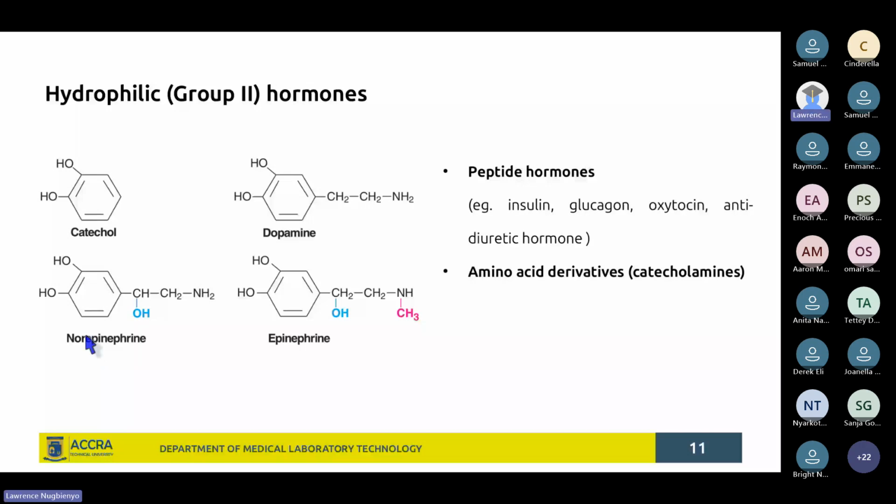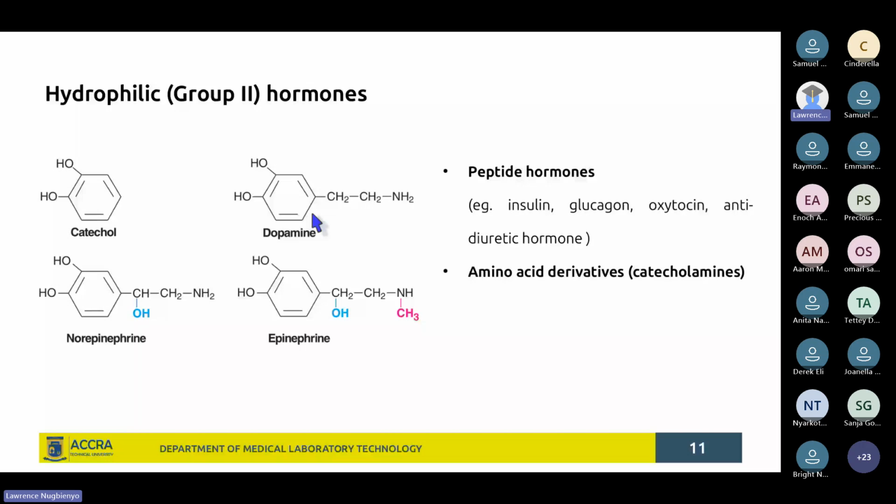Now you realize that if you pay attention to these structures, you see that there are modifications of the amino acid tyrosine, or you may look at it as a modification of phenylalanine. In any case, phenylalanine gets hydroxylated and you have tyrosine.